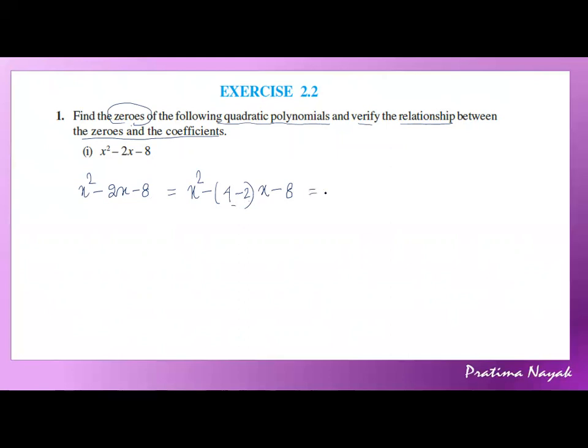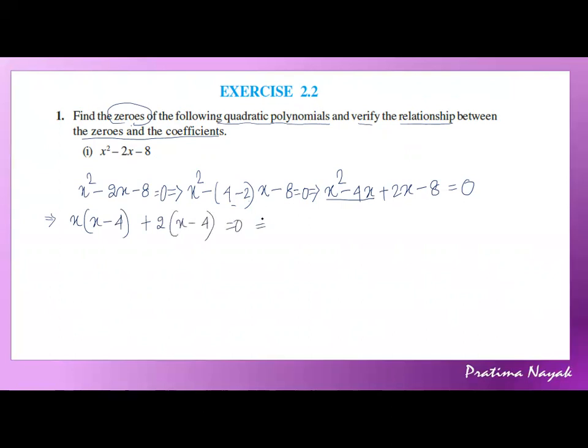So I am writing x square, 4 will be negative and 2 will be positive, minus 8 is equal to 0. I am making this 0 because I am getting the values. So x square minus 4x plus 2x minus 8 is 0. Then what I'll do? I'll take x common out of these two. x minus 4 plus 2 common, x minus 4 is equal to 0.